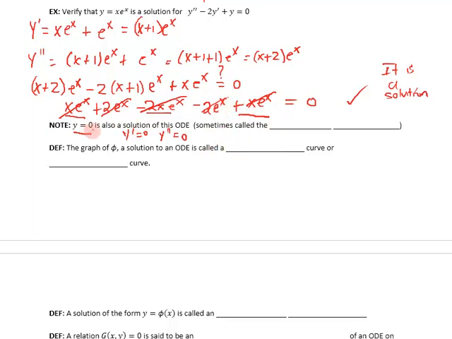Now, the 0 solution is often called the trivial solution. Trivial meaning, yes, it's a solution, but it's very uninteresting.